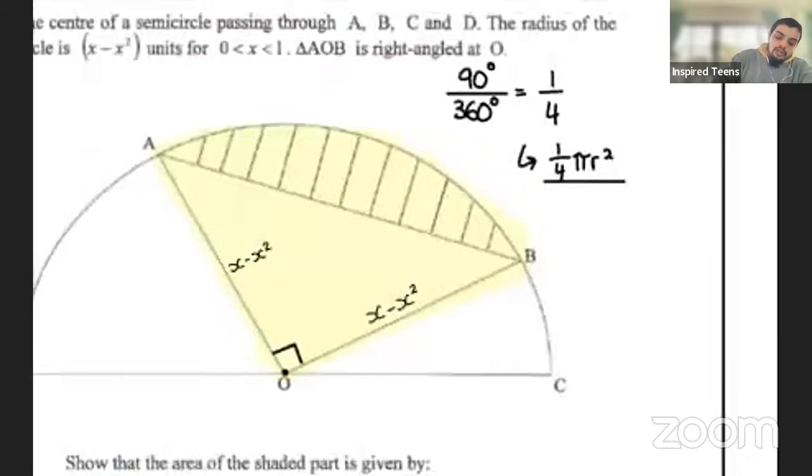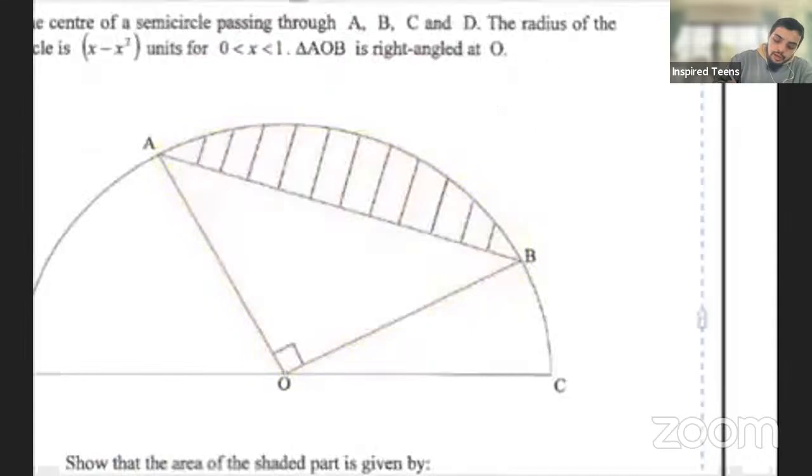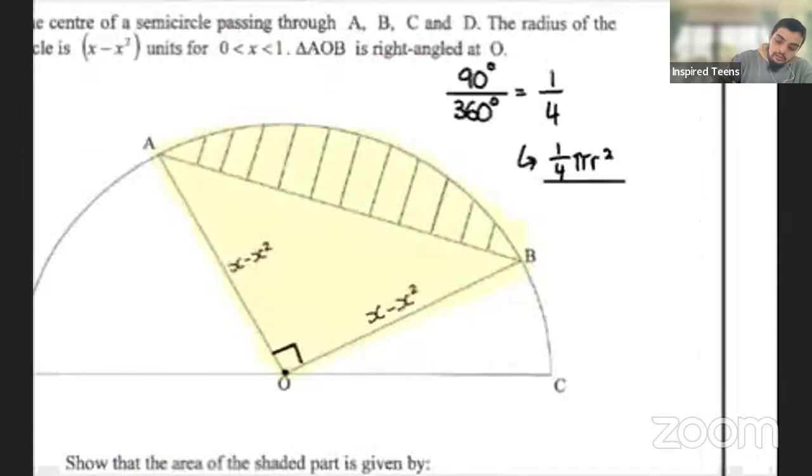We just want the area of which part? The sector minus this triangle. We don't want the area of the triangle. So we can get the area of this entire sector, but we need to subtract the area of that triangle.